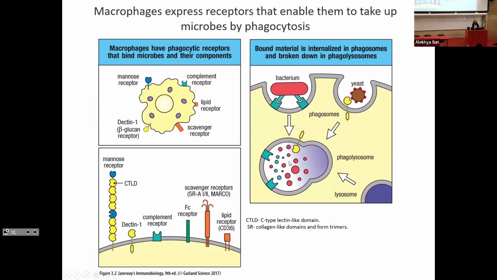You can imagine, these are some of the pathways bacteria use to avoid this. There are several pathogens that have learned how to avoid fusion with the lysosomal compartment and continue to live and replicate inside the macrophage. But these are the defense mechanisms that the macrophage can use to kill extracellular pathogens. Is that clear? Any questions?